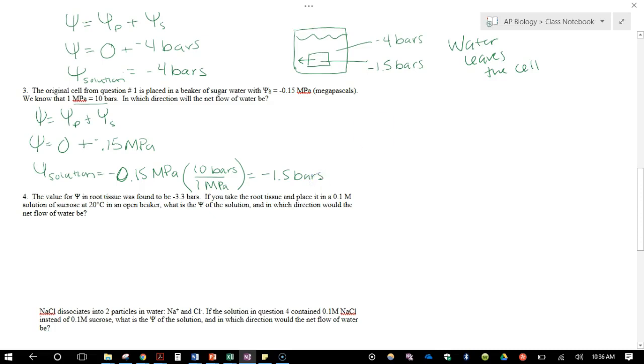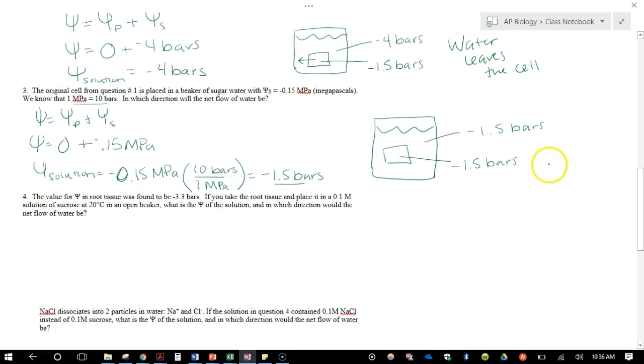So let's draw a picture of what we have going on. Here's my solution. My solution is negative 1.5 bars. My cell, remember, is also negative 1.5 bars in terms of its water potential.